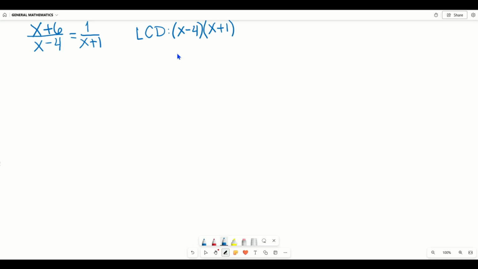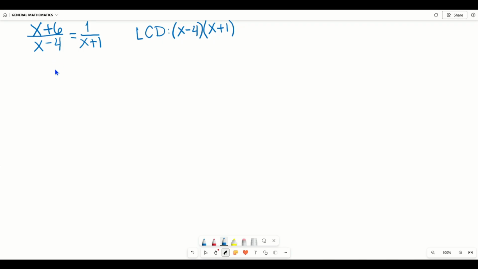And then after identifying the LCD, we need to multiply this with our rational equation for us to eliminate the denominator. There are two techniques that you can do to eliminate the denominator. The first one is simply to multiply the LCD to both sides of your equation.